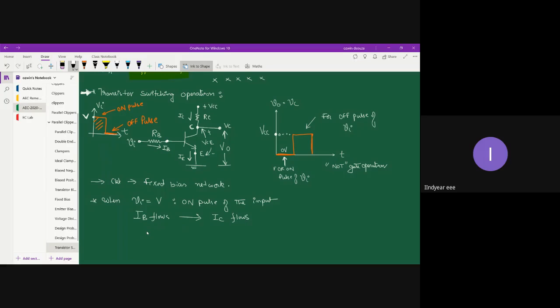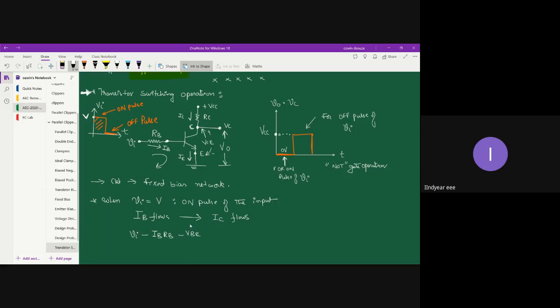All right, now you can apply simple Kirchhoff's voltage analysis to find the magnitude of base current. You can apply KVL in the clockwise direction. So when you apply KVL, Vi minus IB into RB, minus VBE.